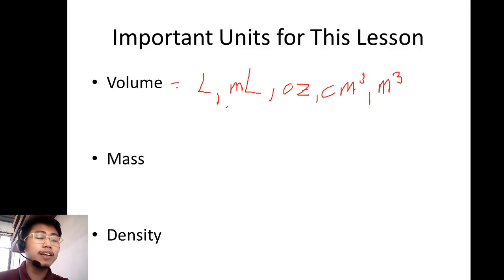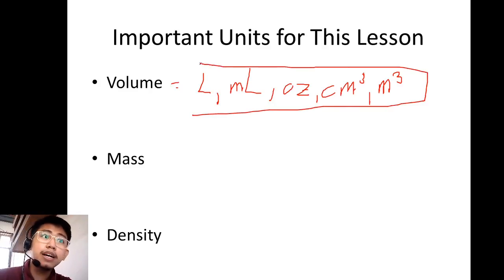Later on in our lessons, I will give you all the units used for measuring volume. But liters, milliliters, and these are the common ones that we deal with in chemistry.